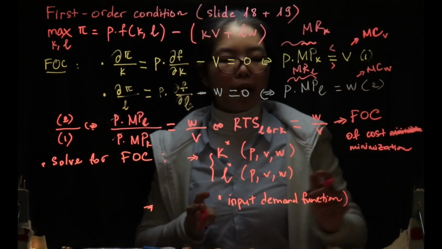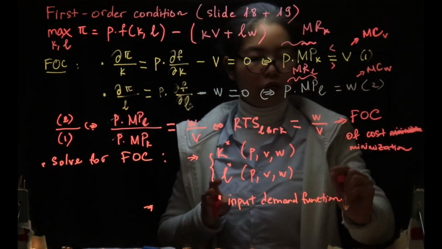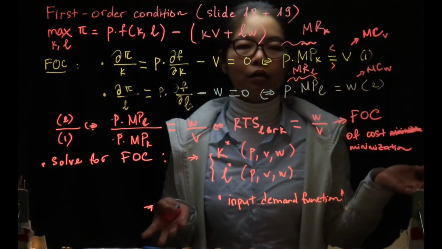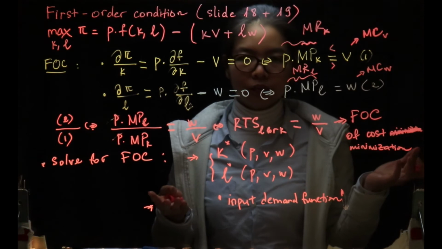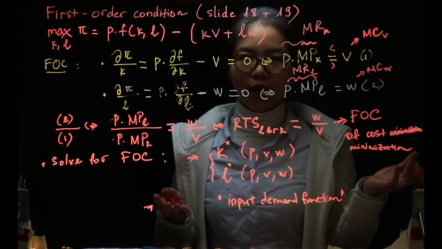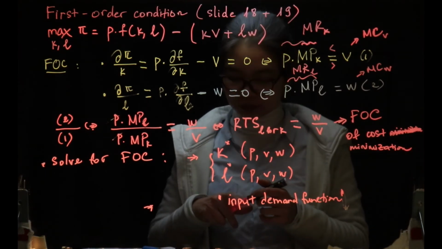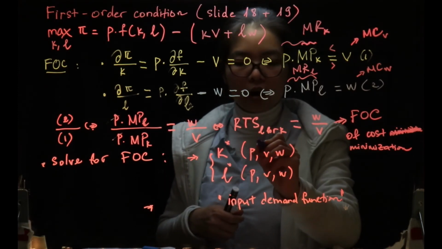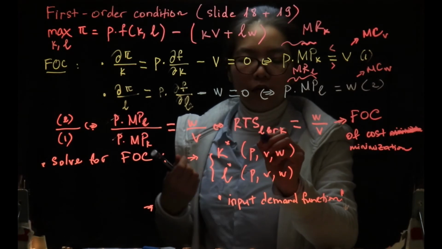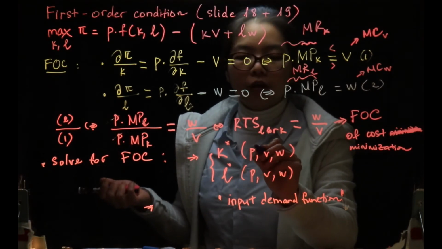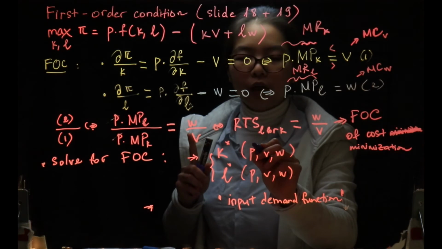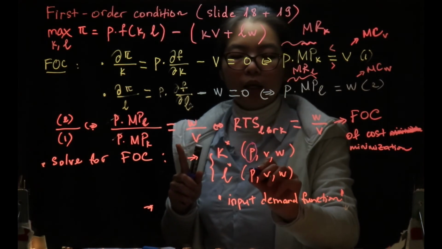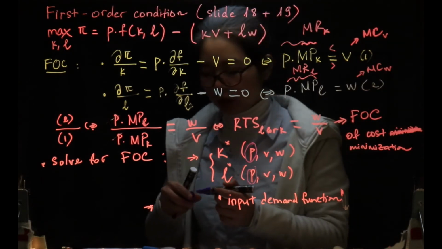But what makes them different from the ones that we obtained from the cost minimization problem? Can you point it out? What makes the difference now? So the difference is now K and L are no longer functions of Q. Before, in this place we had Q, and now we have P. We don't have Q anymore.